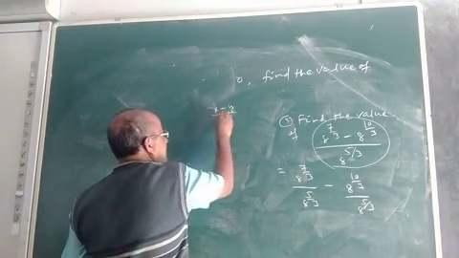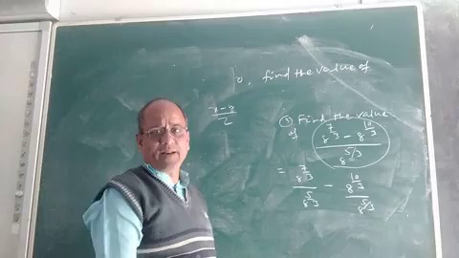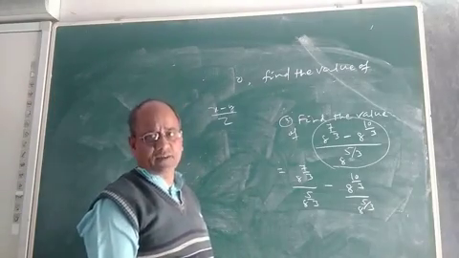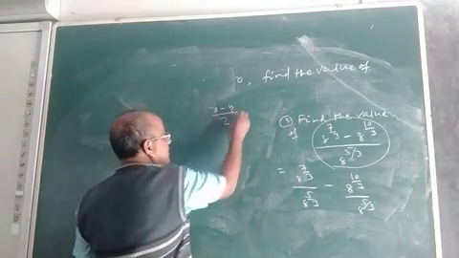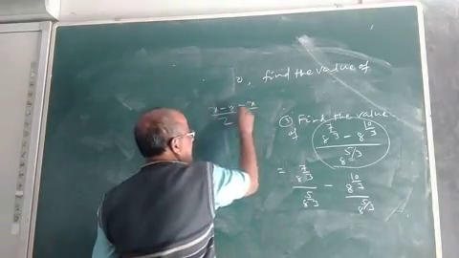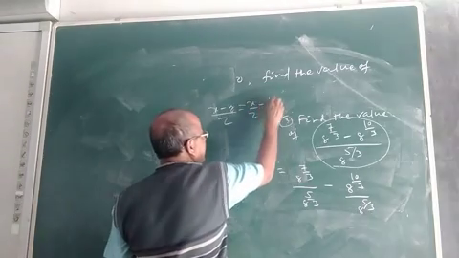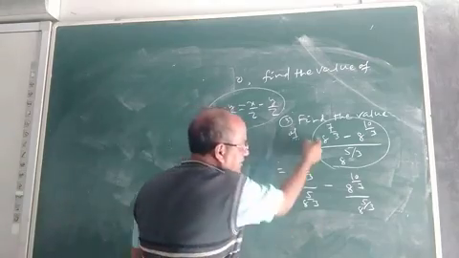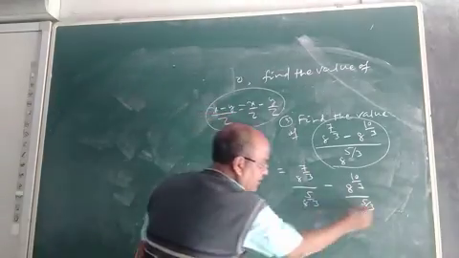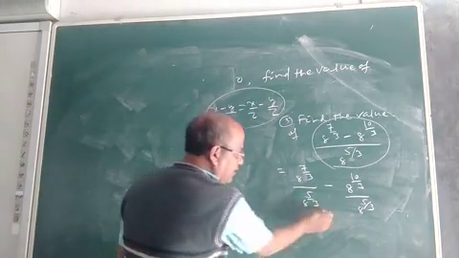Suppose you are given (x − y)/z. This is a given algebraic expression. It can be written as x/z − y/z. So using this formula, this expression can be written in this form. Now what is the next step?